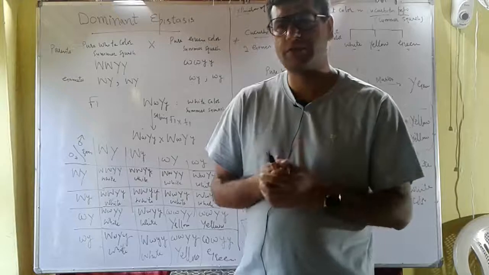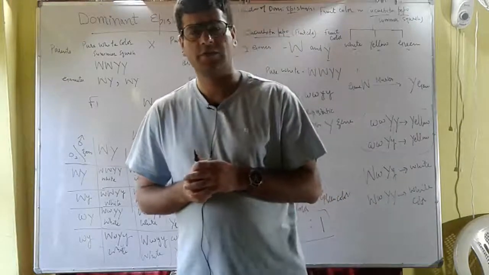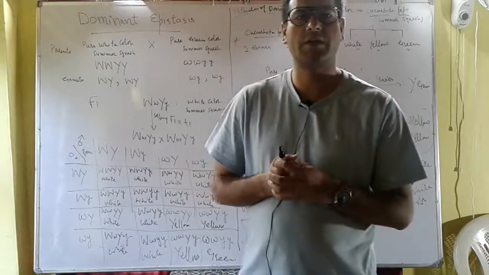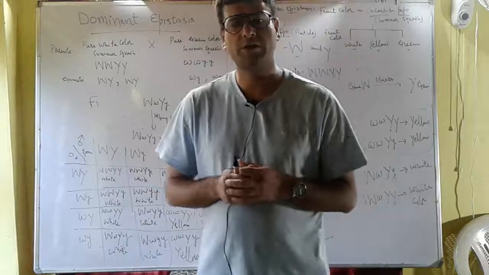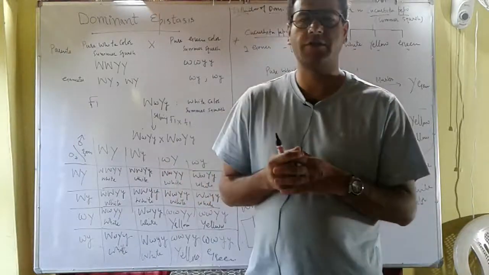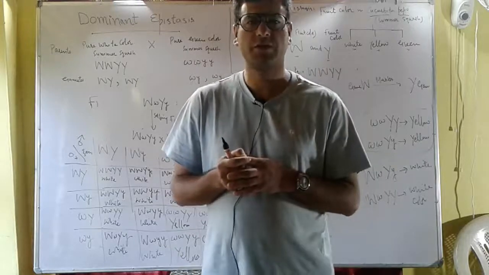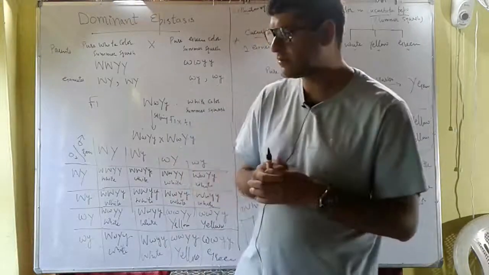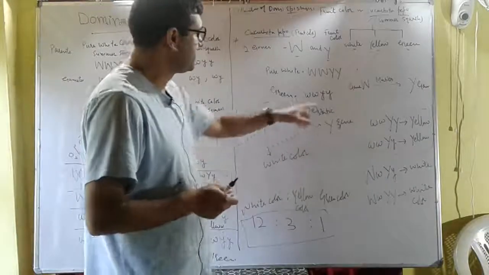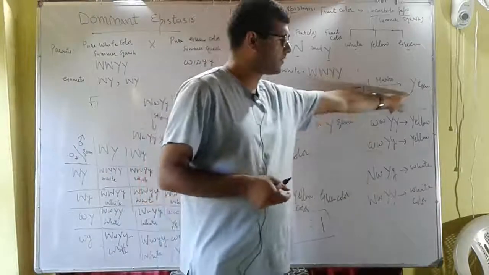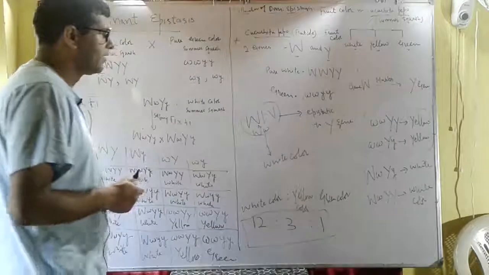And in the absence of this dominant gene W, this Y gene expresses itself and the fruit color produced is yellow. While when there is double recessive condition, small w, small w, small y, small y, then the fruit color is green. So we have seen that this dominant gene W masks the expression of another gene, that is Y gene.